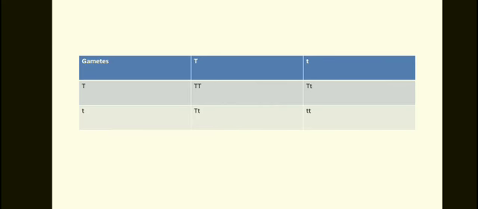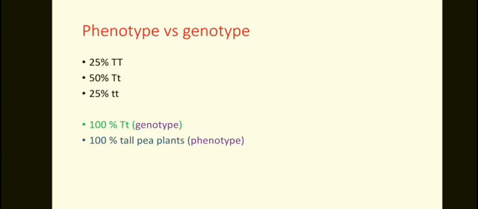Why? Because in only one block we've got two capital T's, and in another block only two small t's. So 25 and 25. And then I've got 2 blocks where I've got 1 small t and 1 capital T. So there are 2 blocks, so 50%. This would be the genotype.